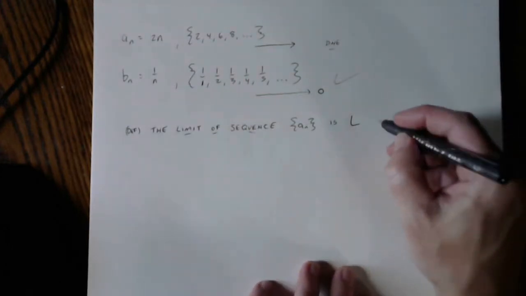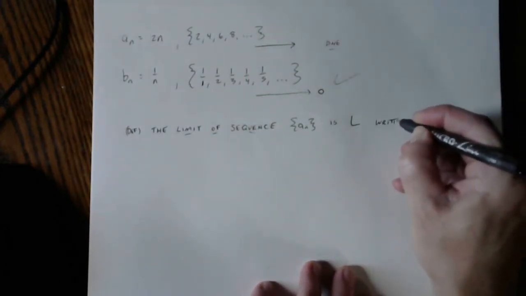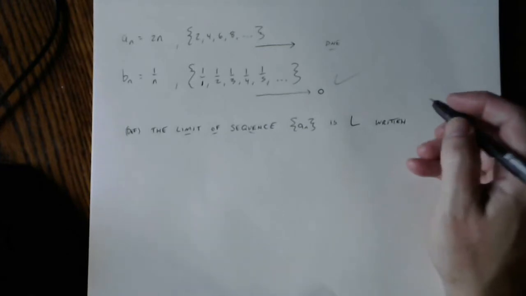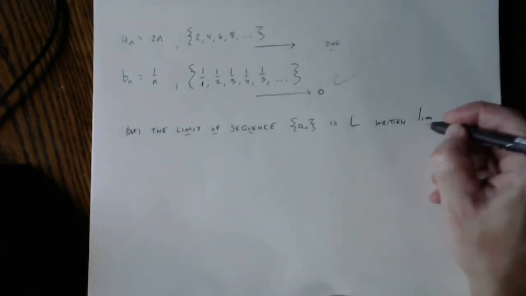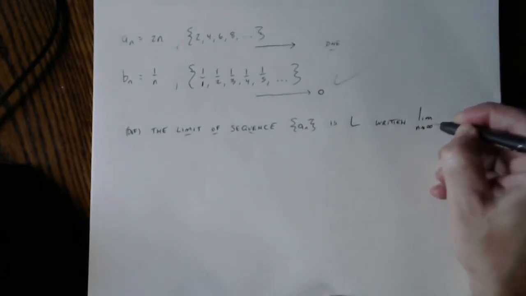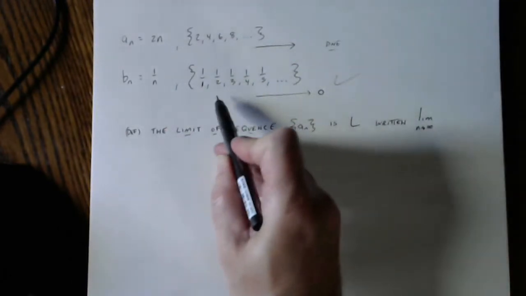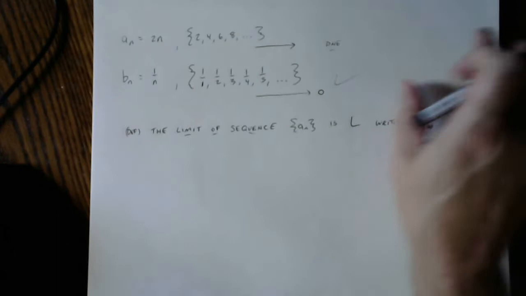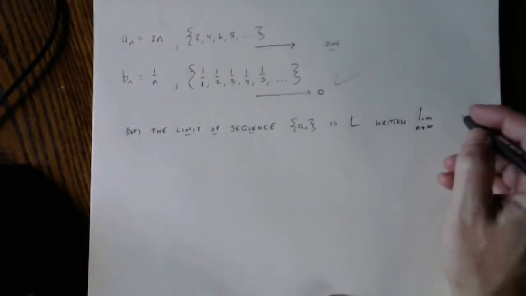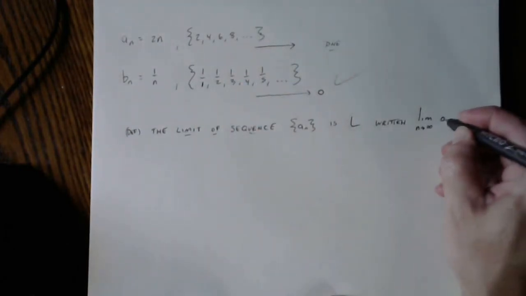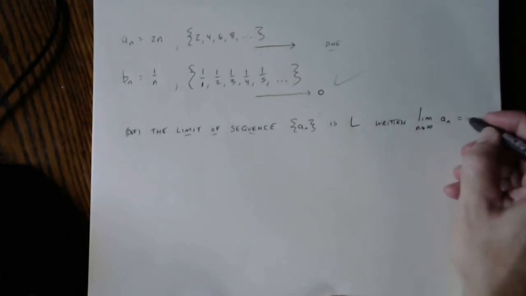Written this way, and this should look familiar. Now, one thing you'll notice, the n is always said to go to infinity. So, that's the count. So as n goes to infinity, in other words, as the list goes to infinity, the limit of the terms is L.